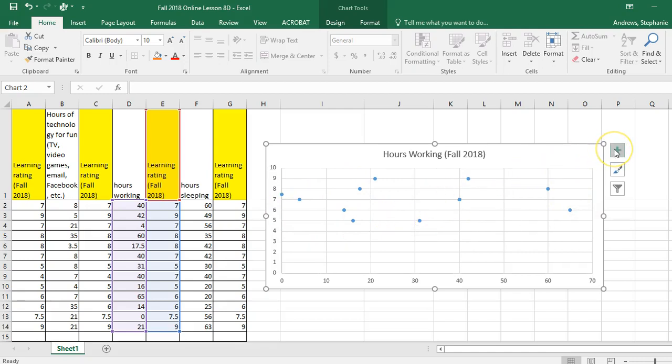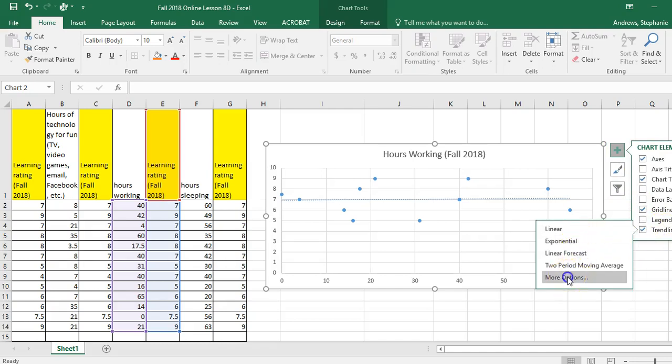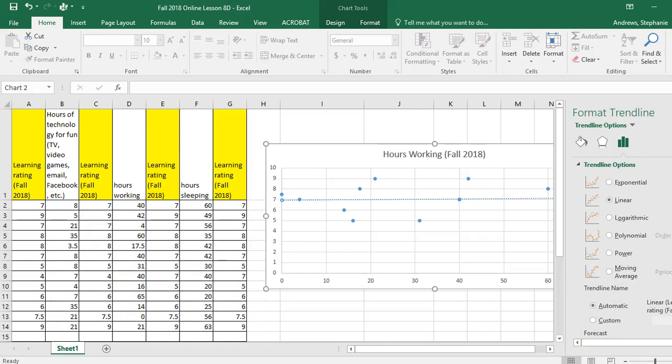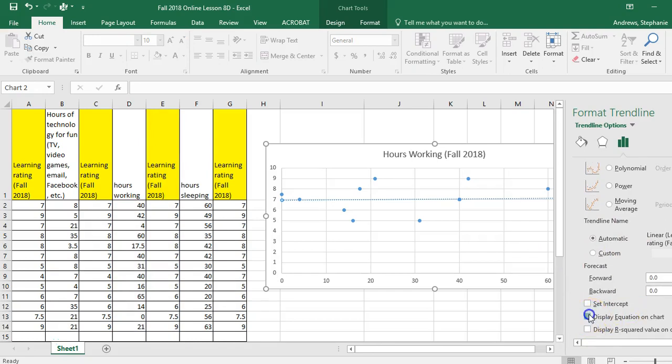It just looks pretty bad. So to be able to say the number of hours you work correlates with your learning, that's not showing up in our class. I'm going to go ahead and hit plus again, ask it to do trend line, and it gives us a linear. So I'm going to ask it, on more options, to go ahead and display the equation and the r squared.